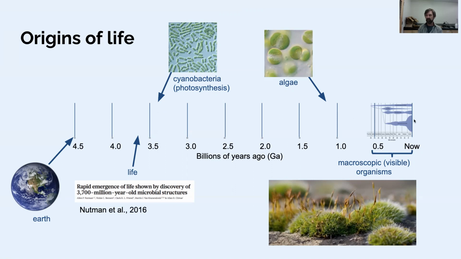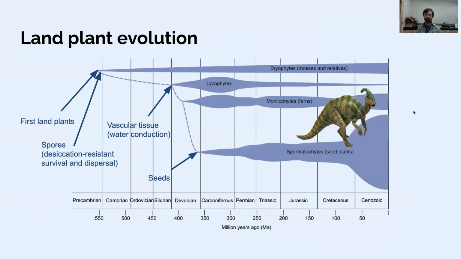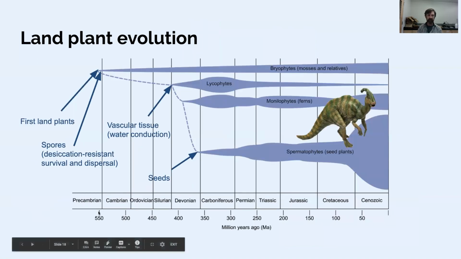And then this little snapshot, I'll show you blown up on the next slide, is the span of time when the larger, visible to the naked eye, land plants would have come around. So zooming in on that portion, this starts at 550 million years ago.